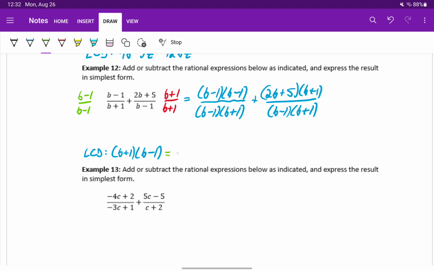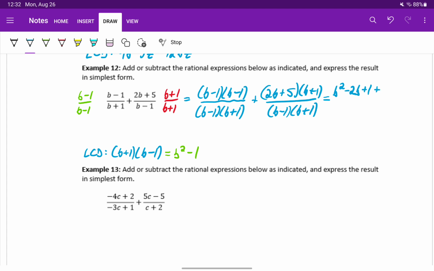Our common denominator we can FOIL out to get b squared minus 1 because that middle term will end up canceling. So then we just need to look at FOILing out what we have in the numerators. B minus 1 times b minus 1 will give us b squared minus 2b plus 1.